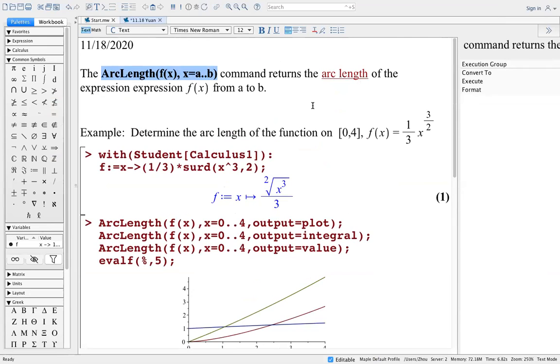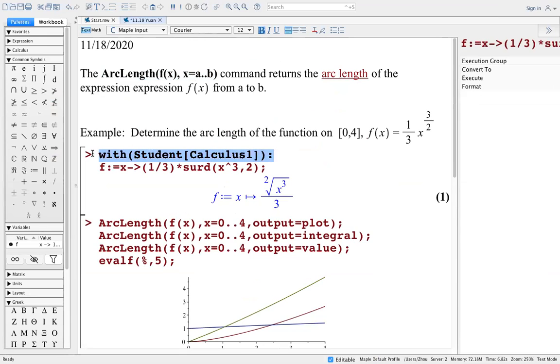Just keep in mind, we need to load the library before we can use this command because it's under the package Student Calculus 1. So load the package by doing with(Student[Calculus1]) exactly the way it is here. We have seen this command before, so just make sure you have uppercase S, uppercase C, a bracket here, and then 1 at the end.